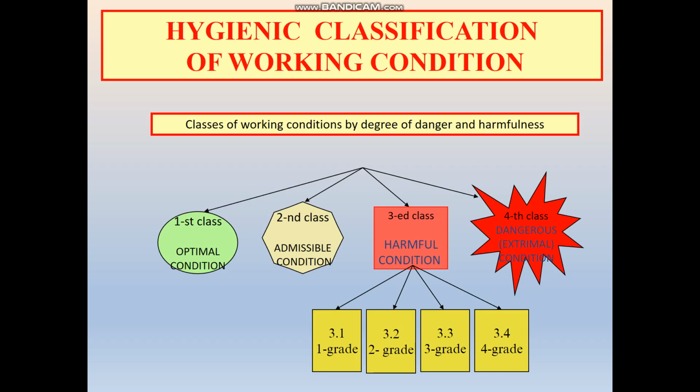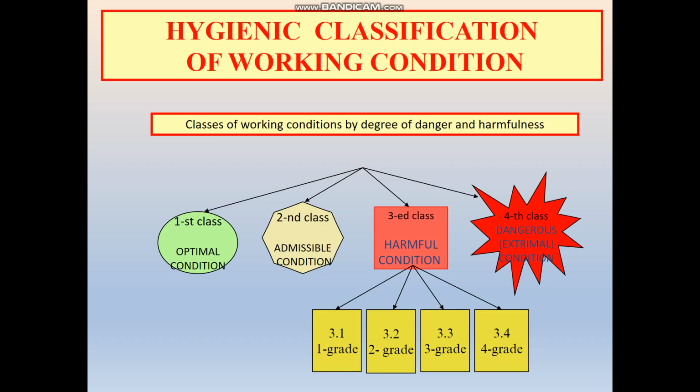According to the extent of exposure to harmful working conditions, 4 degrees of occupational hazard are singled out. First degree of type 3 are working conditions in which harmful production factors may result in functional changes of the human body, which can be restored over a more prolonged period of time. Working in this condition can increase the risk of health problems.